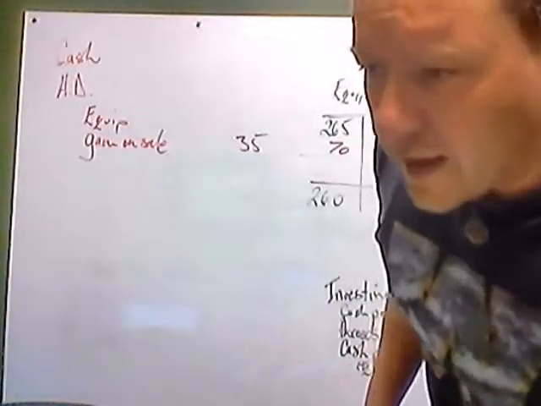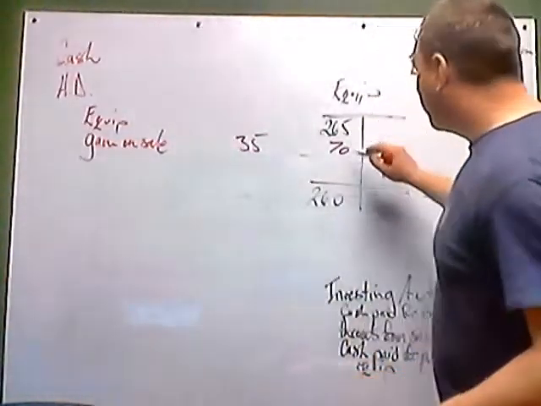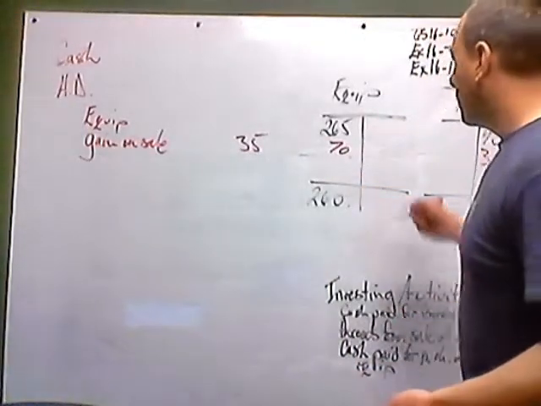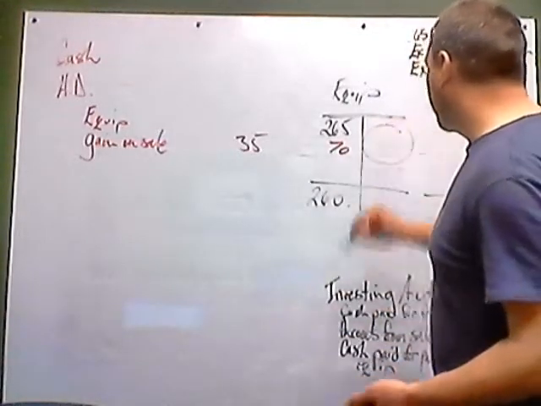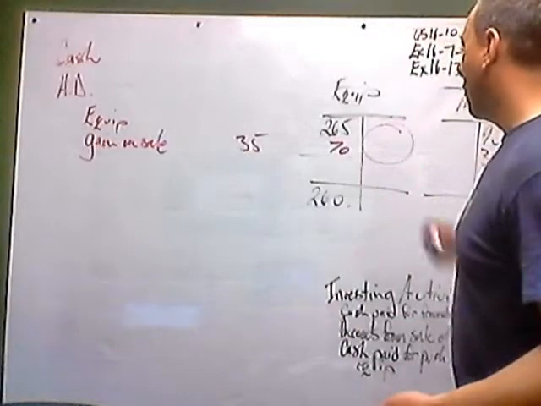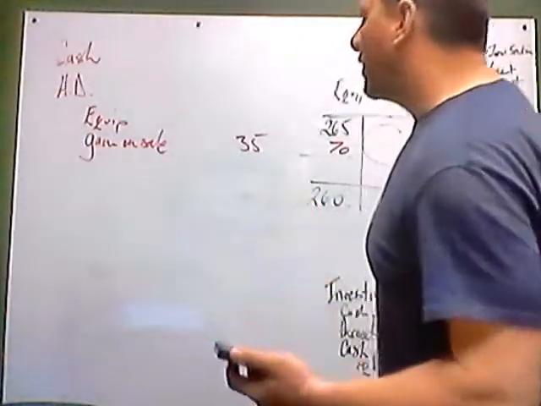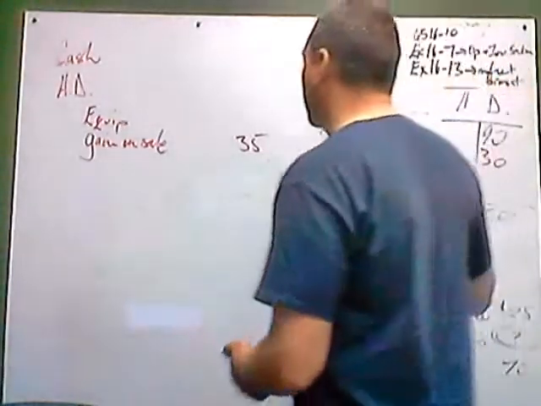So let's look at our equipment. 265 plus 70 is not 260. So we purchased equipment, so there must be an amount here. What is that amount? Well, remember back to chapter 9, when you're dealing with the sale of an asset.